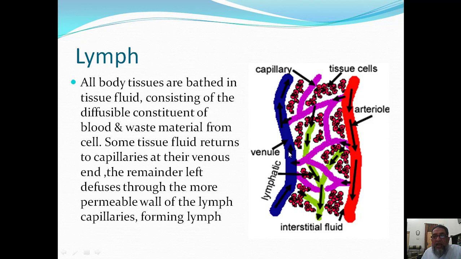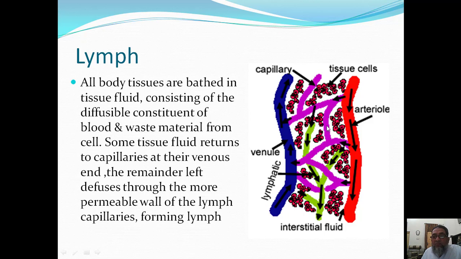This is the venular end, from where the capillaries pour all the nutrients, especially the oxygen. So it is poured and then ultimately drained into the veins, where it carries all the waste material from the interstitium toward the heart.